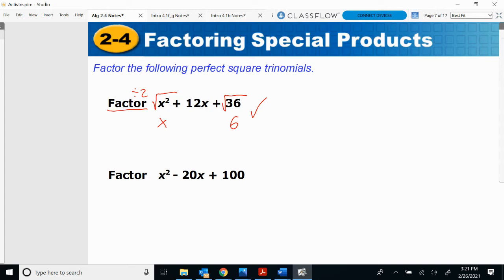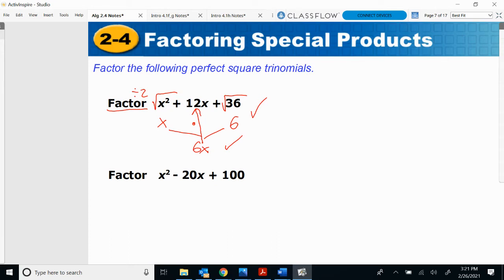Okay, so there's our first check, is that we can take the square root of the first and the last. Second, we're going to multiply them together. We're going to get 6x, and it needs to be exactly half of that term in the middle. Okay, so since it is, that part checks out.